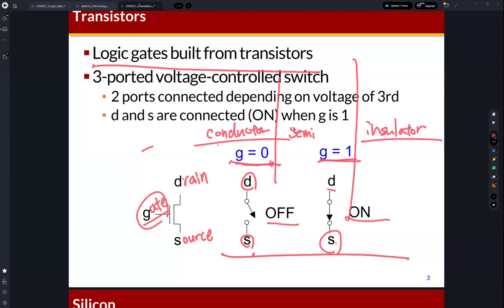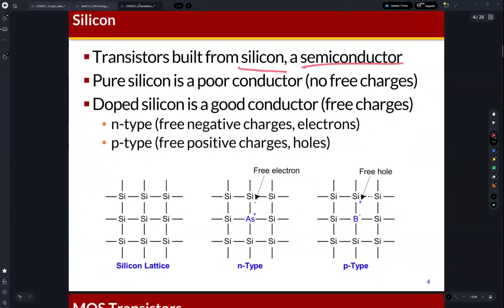It can work like a conductor or like an insulator depending on some materials. Just remember this. Based on the amount of free electrons, we can classify conductors and insulators. Just remember this.